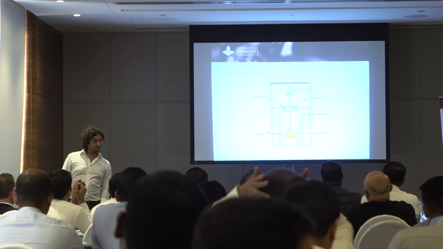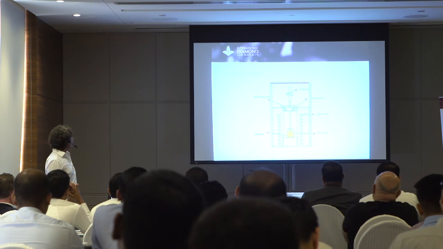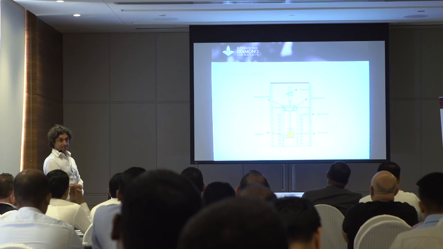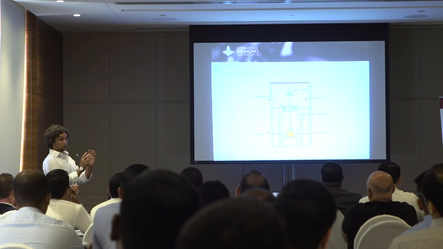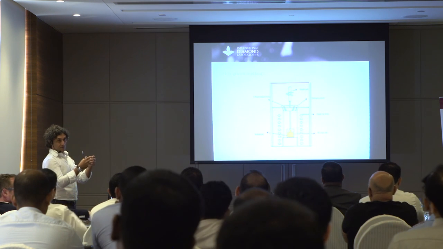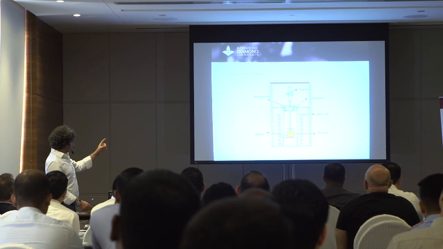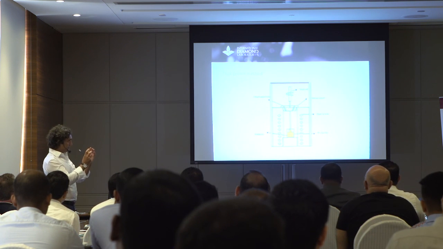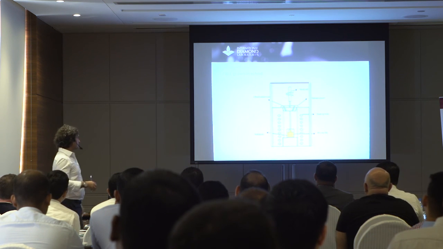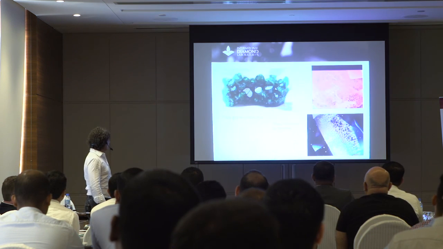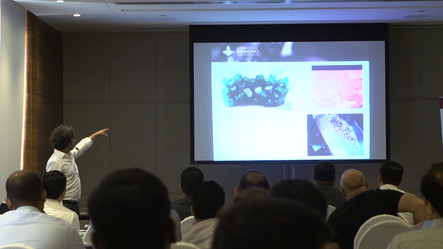Flux growing is already much more complex. With this method, they produce emeralds. So you have, again, a solution, a mix with chemicals, water, and slowly the crystal starts to form and grow. That's a flux grown emerald on the left.